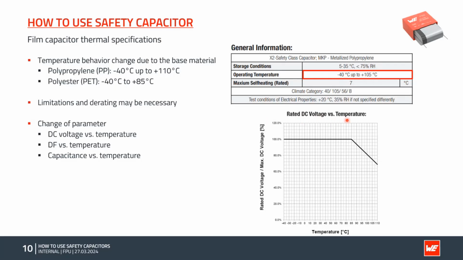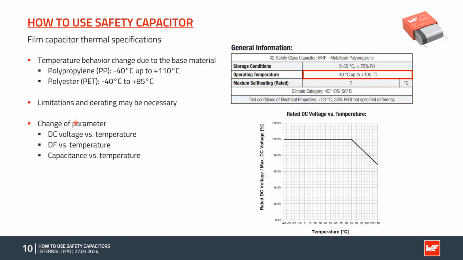You have to check the diagram, or for example, in the data sheet we have the voltage described. It's a rated voltage up to 85 degrees and the rated voltage up to 105 degrees. It's different. Then you see directly what voltage could be applied at the maximum temperature.